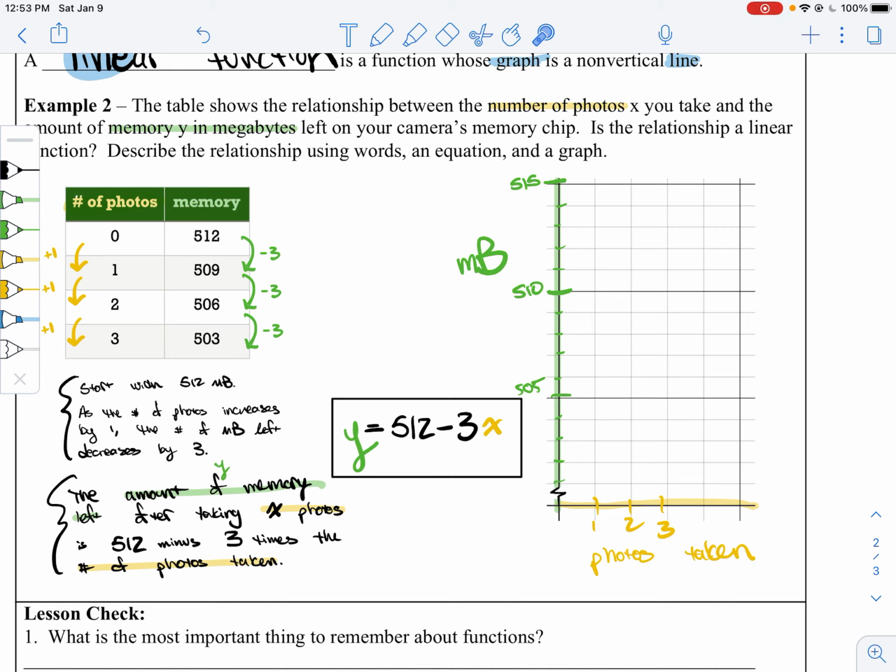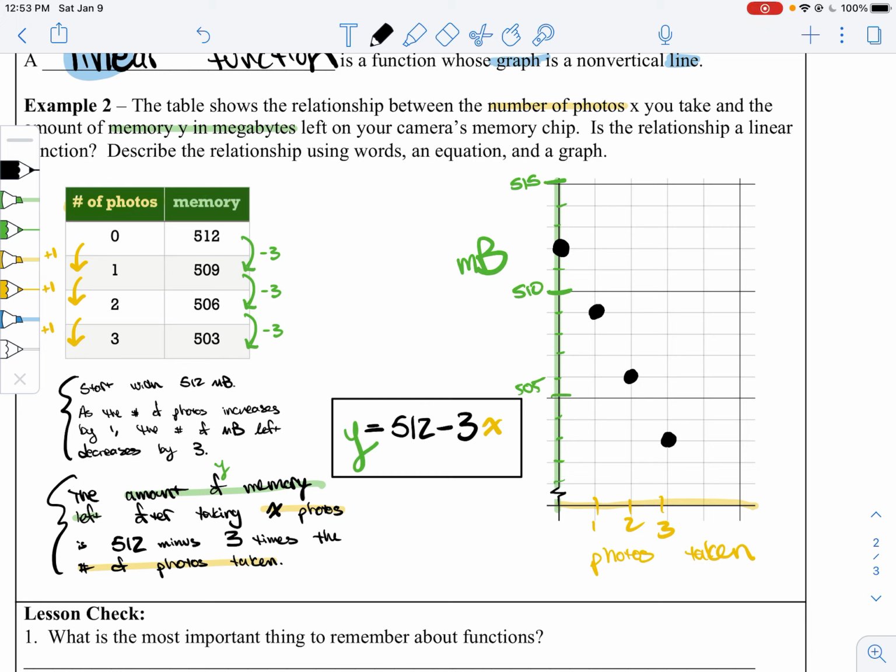All right. So when we take 0 photos, we have 512, up here. When we take 1 photo, we've got 509. When we've taken 2 photos, we got 506. And finally over 3, up to 503.